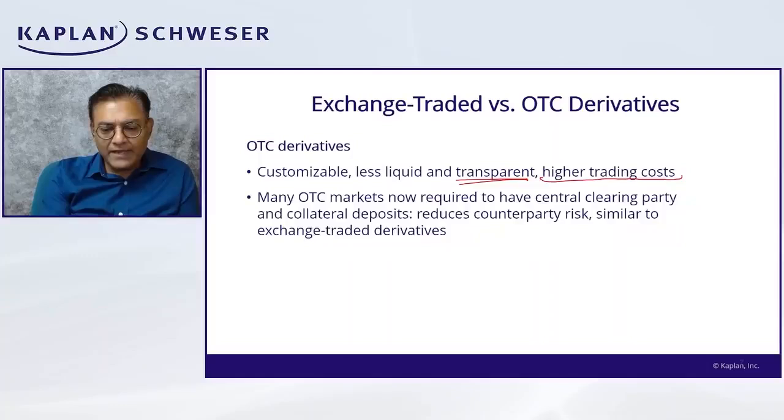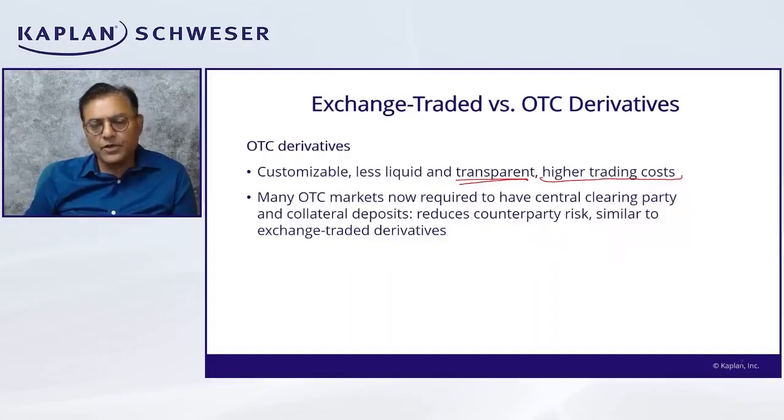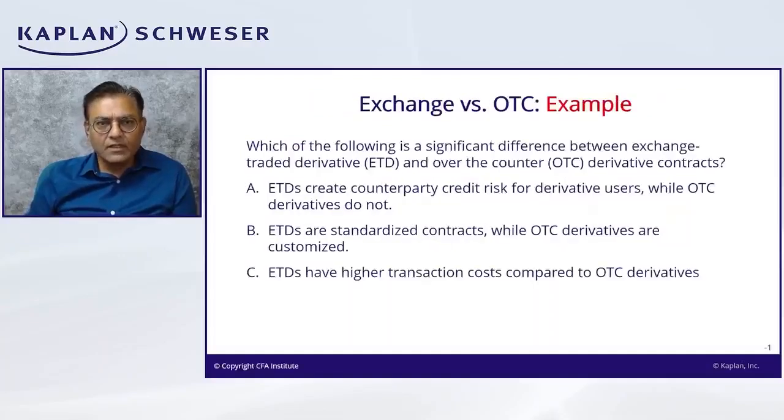So to manage the overall integrity of capital markets in a country, governments are requiring many OTC markets to move to a CCP, or a central clearing party, that mandates deposits of collateral and so forth. It reduces counterparty risk. Now, let's look at a quick example from the Institute curriculum books.